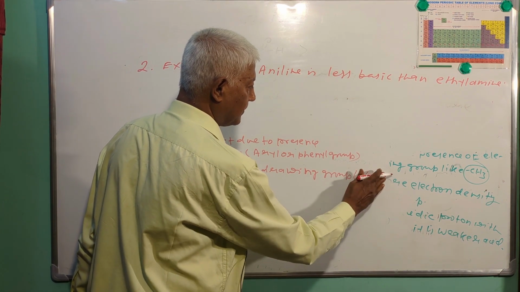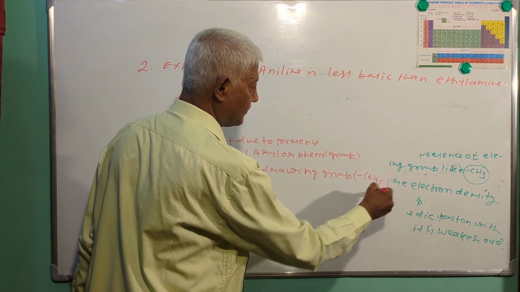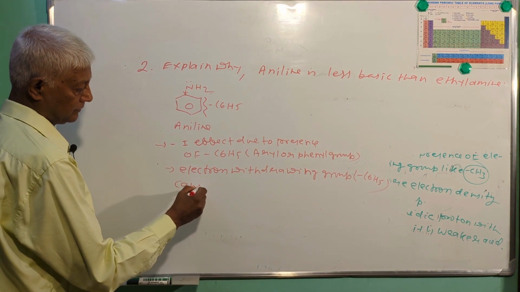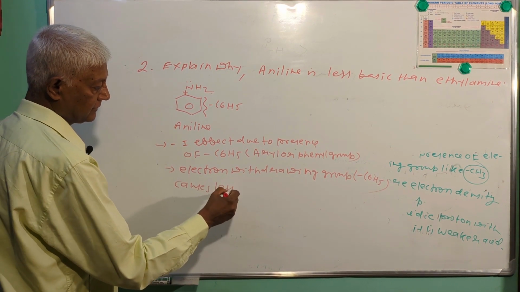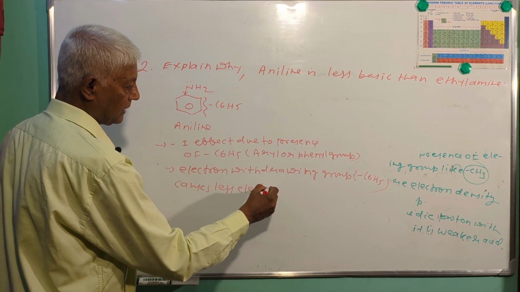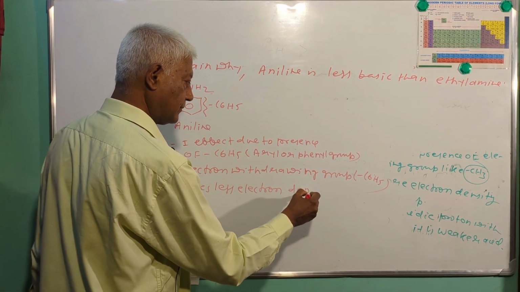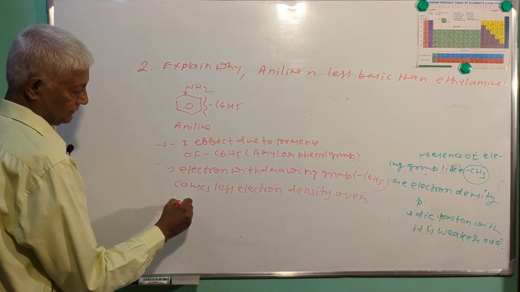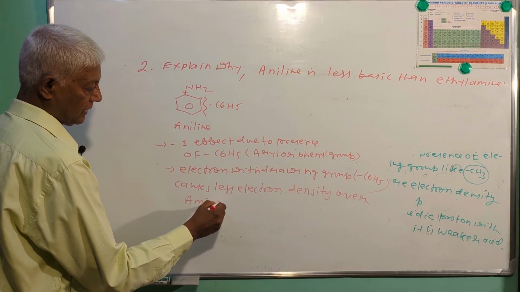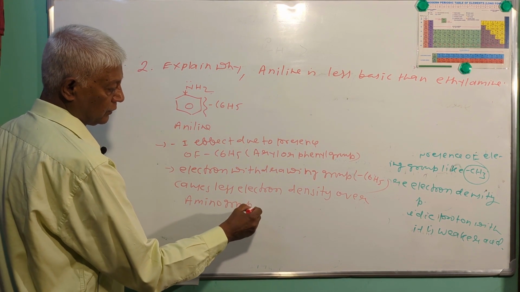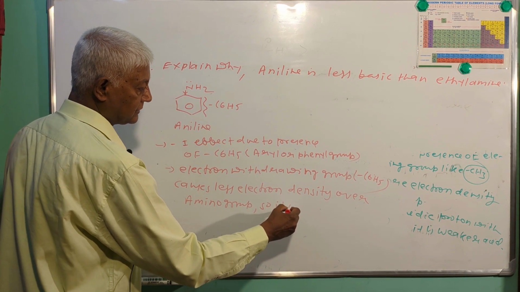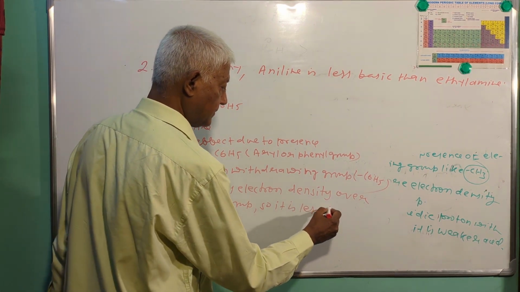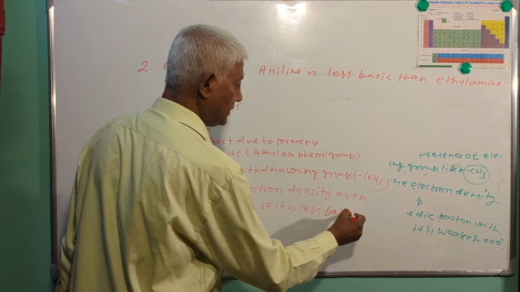the phenyl group causes less electron density over the amino group, so it is less basic.